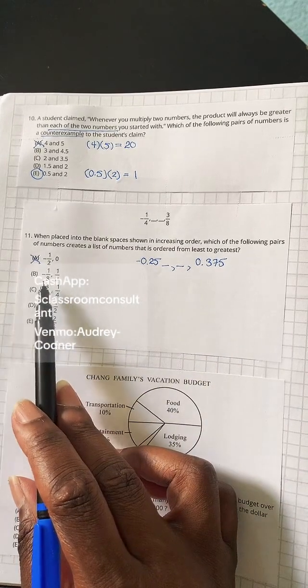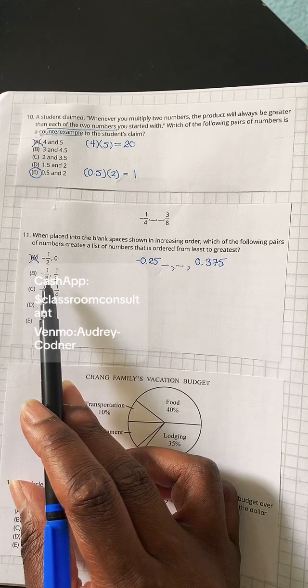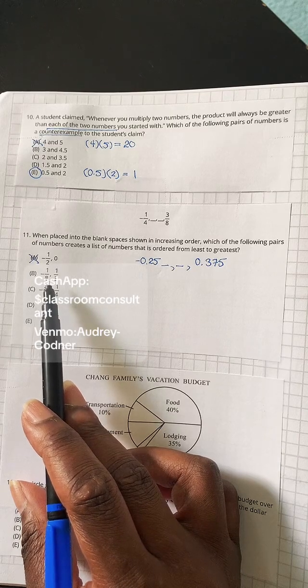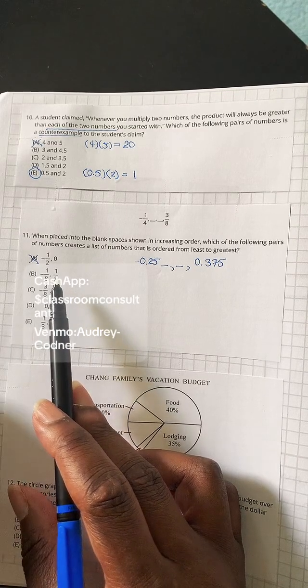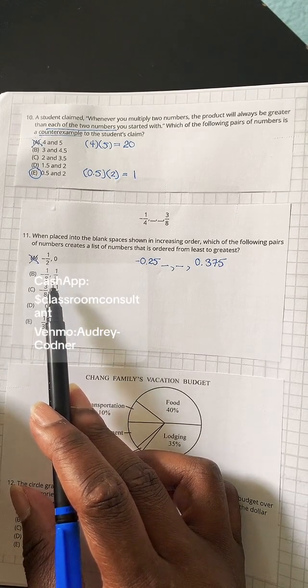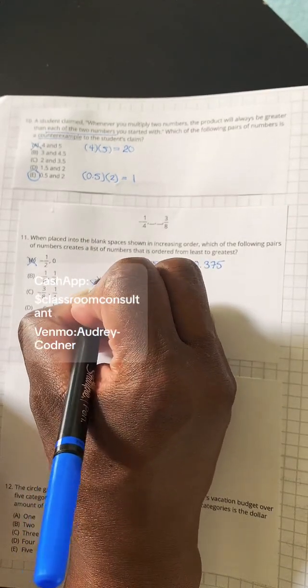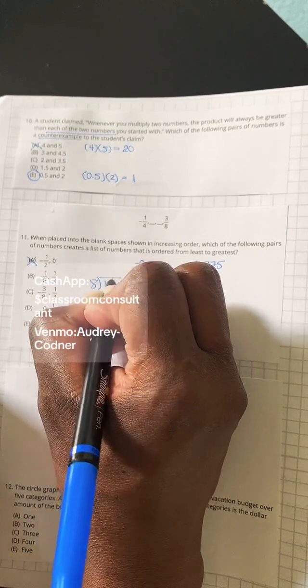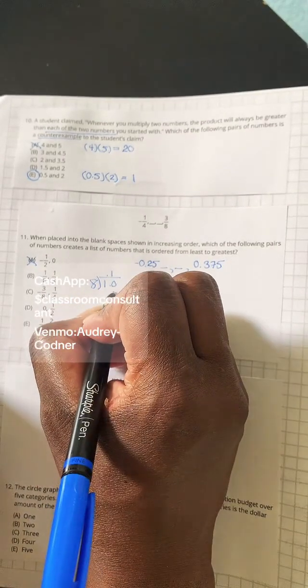But then we have to figure out what -1/8 is. So if we're looking at -1/8, let me make sure. Okay, so this will work.